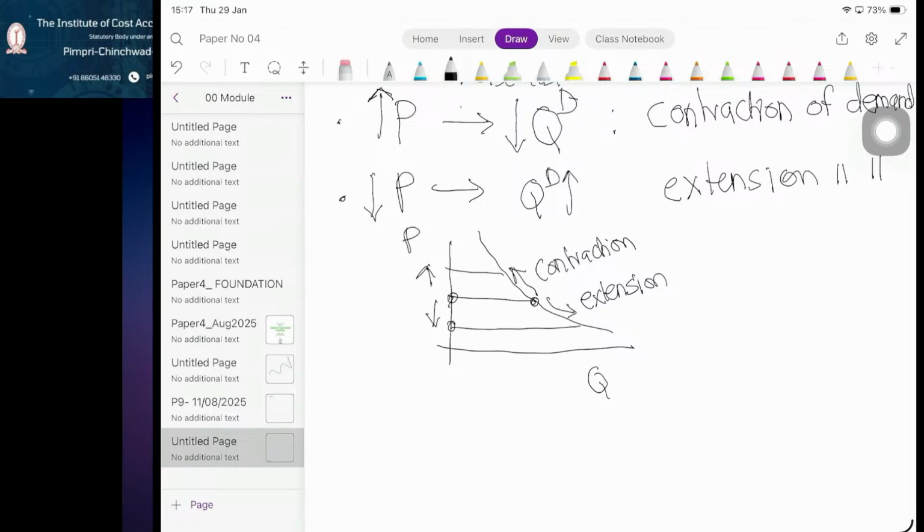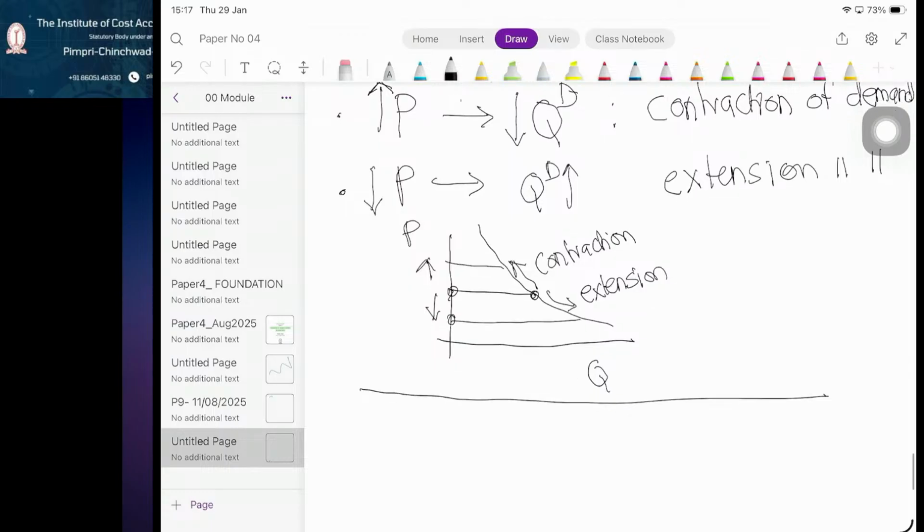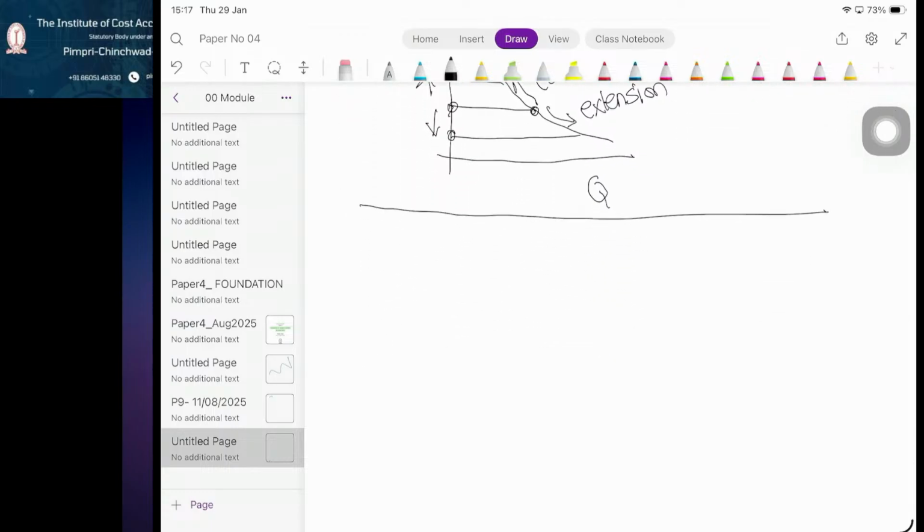Okay, so let's proceed from here, and let's discuss the next thing, that we have defined two important ideas. One is when income increases and demand for a product increases, this is income increases and quantity demanded also increases.